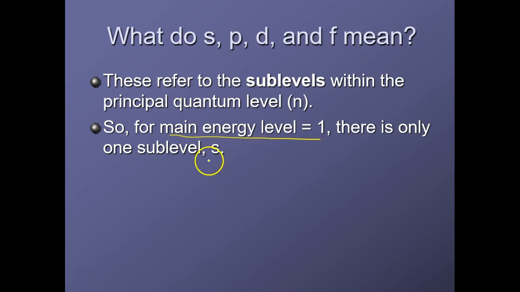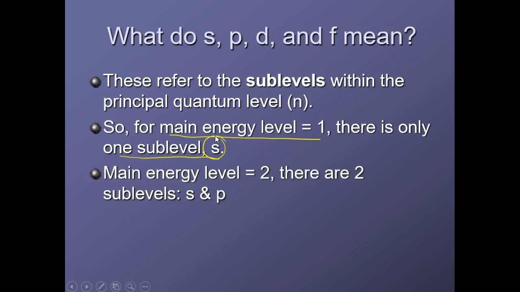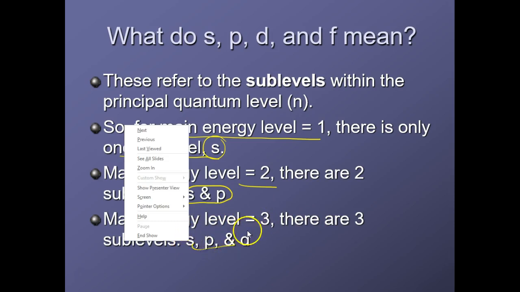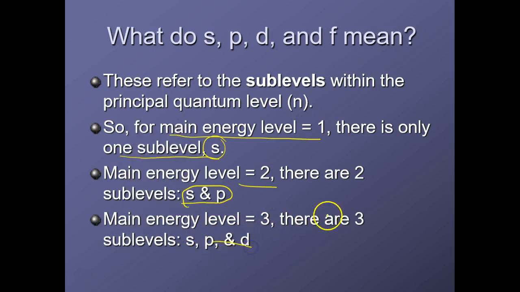Okay, so if you're in energy level 1, there's only one sublevel. That's the S. If you're in energy level 2, there are 2 sublevels, S and P. But when we get to level 3, there are 3 sublevels, S, P, and D. And I'll show you those on a periodic table in just a minute.